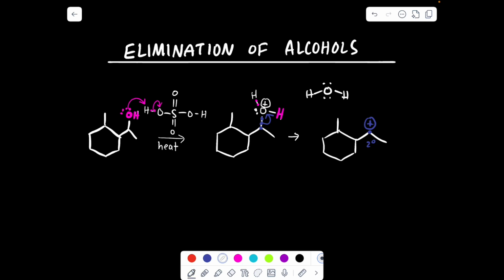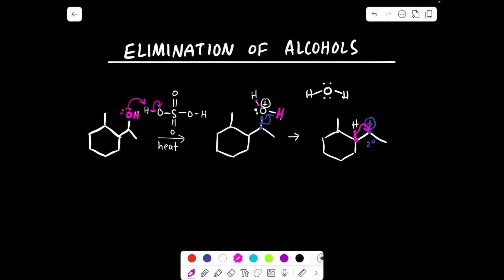So we have to ask, could a hydride shift occur or a methyl shift? Because 3° is best. Therefore, if we can actually achieve a 3° carbocation, that would be the most stable and the most desirable. So to the left of our 2° carbocation, we can see that we have a 3° carbon. Therefore, this hydrogen can take its two electrons in the HC bond and go two over.